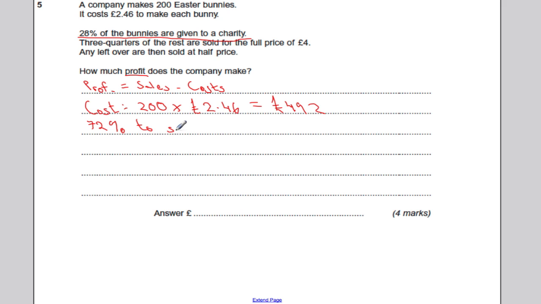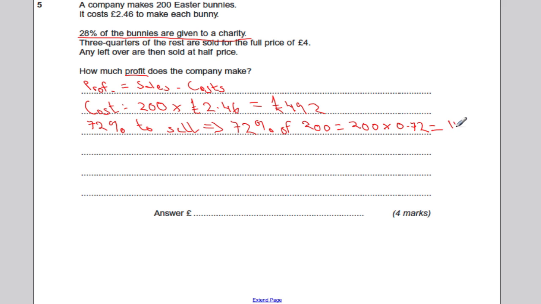72% of the bunnies they'll sell. So 72% to sell. How many is that going to be? Let's work out 72% of 200. 72% of 200 equals 200 times by 0.72, which gives us 144.